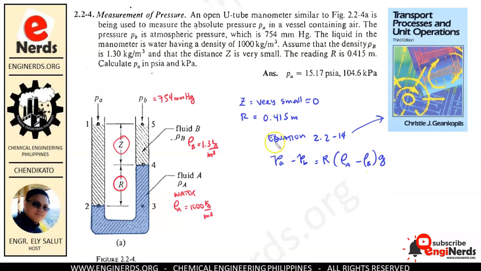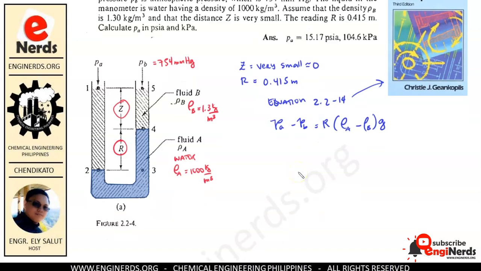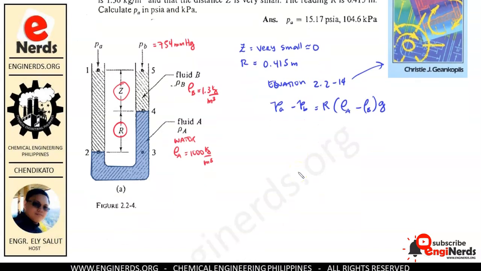So, this problem is actually prepared to apply this equation. No? But we will not just apply this equation on this video. We are going to show you kung paano natin nakuha ang equation na to and how we are going to apply that on this problem.